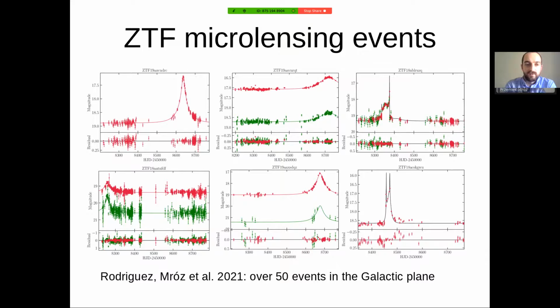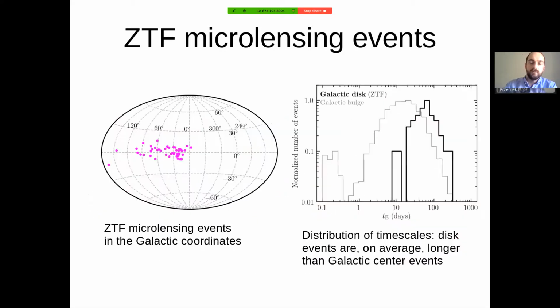So far, my student Tony Rodriguez and I have found about 50 events in the galactic plane, and that sample is big enough to get some statistical information about the events in the galactic plane and how they are different from the galactic bulge.